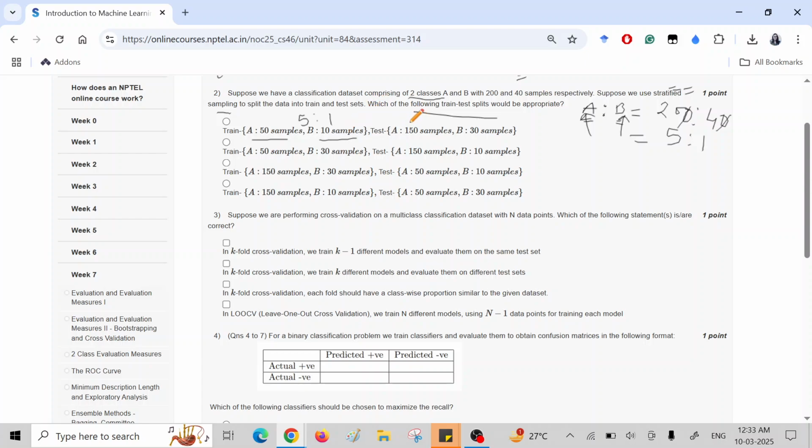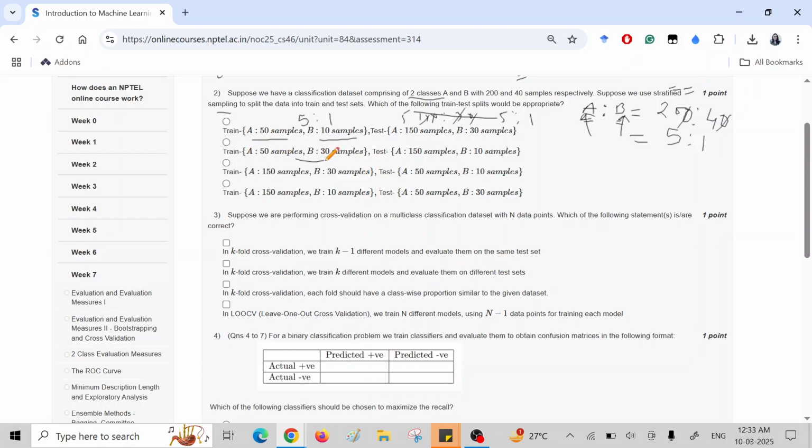Then in the test sample, what we have, again 150:30. Yes, so that ratio is also maintained here, right? 5:1 ratio is maintained here. Okay, we'll see forward what are the other options.